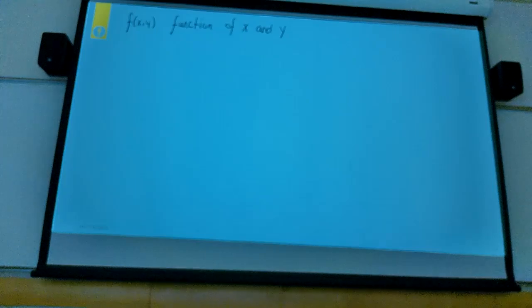f of x, y, a function of both x and y. Take the partial with respect to x. Look back.